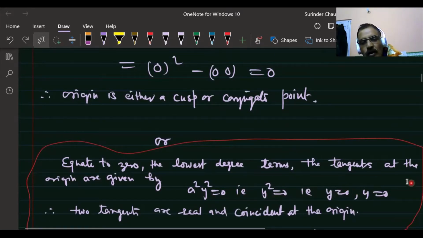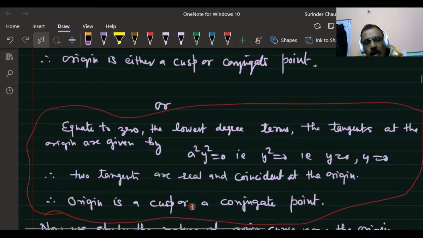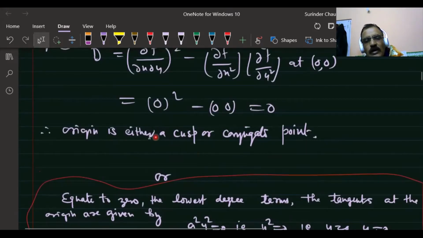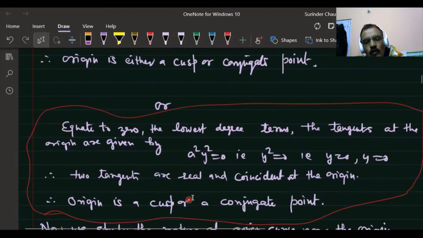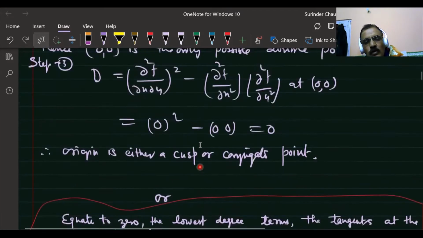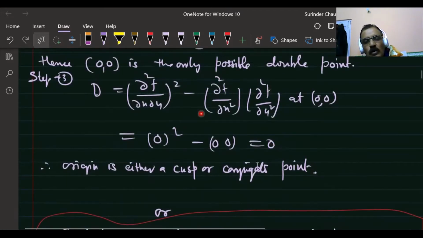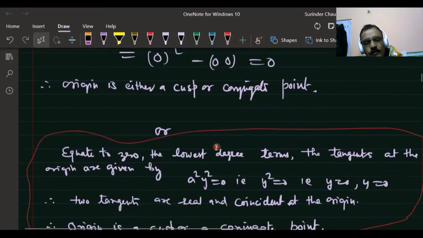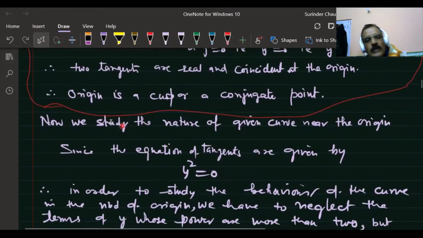They are two coincident tangents at the origin. The two tangents are real and coincident, so the origin is either a cusp or a conjugate point. Same discussion, same result. This method is lengthy; we apply it only when the curve does not pass through the origin. Otherwise, this method is easier.